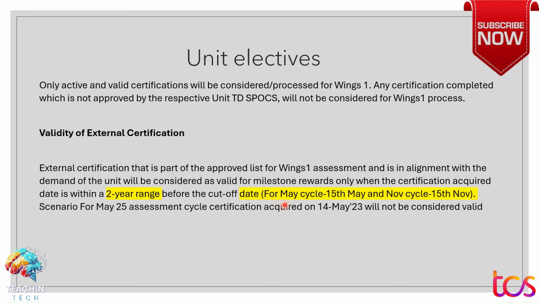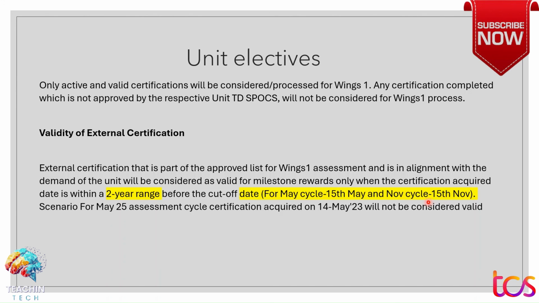That also you should keep in mind: for May cycle it will be 15th May, for November cycle it will be 15th November. So they have a scenario here. I am explaining in a clear way: let us say for November cycle you are uploading your certification. So you have completed that in 2022, because this is the year 2023. It comes in a 2 year range, but you should also consider that you should have finished that after November, sorry, after November 15th 2022.